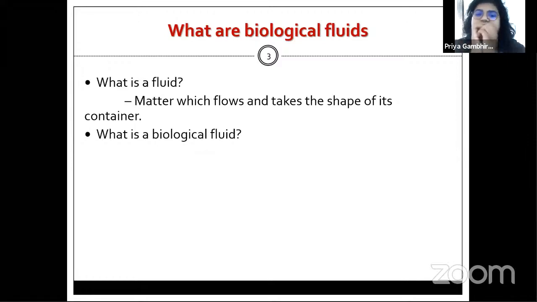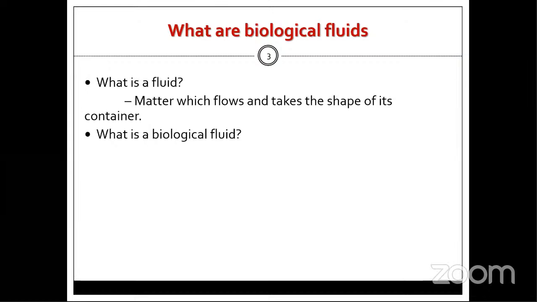What is a biological fluid? How would you define it? So you know what a fluid is, and you have a rough idea of what I mean by a biological fluid, but can you elaborate? Fluids that may be present in our body. Exactly.